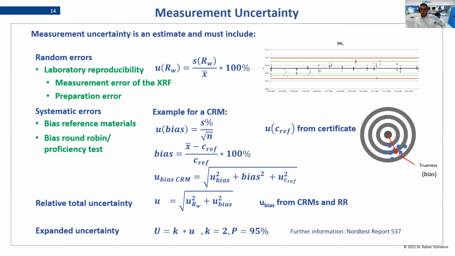And then this is one part of the uncertainty. The reproducibility will not take into account the bias. So how true is your calibration? What is the difference between true values and the measured values? This you have then to add also to get the complete uncertainty.